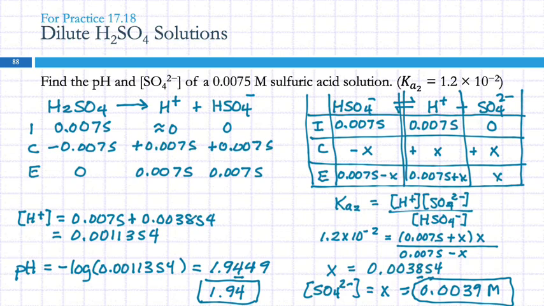So there was a bunch of different things that happened in that problem, right? It wasn't just write a nice table, solve for X. None of those pieces, though, is terribly difficult, right? This is something we learned how to do in Chem 1A, but we didn't think about it that way. We didn't talk about it that way. But once you see what's going on there, that's simple enough.